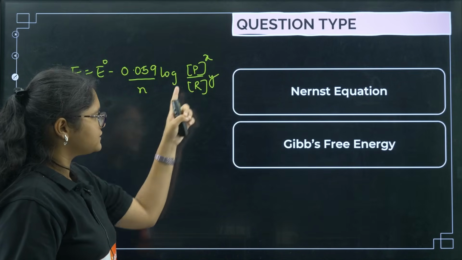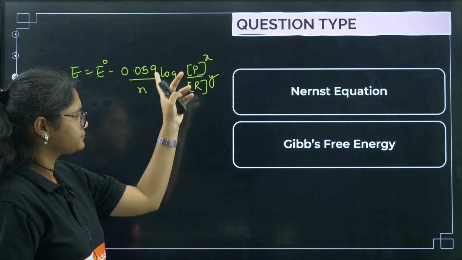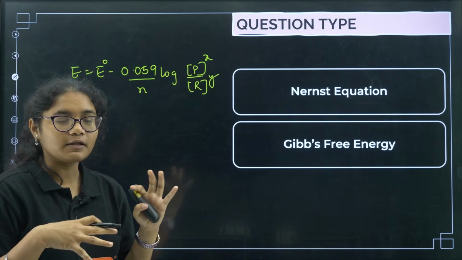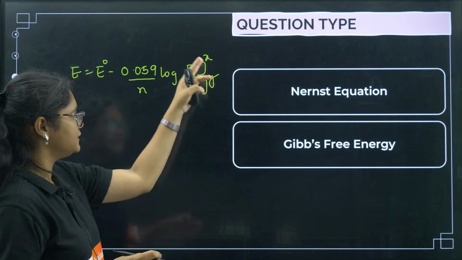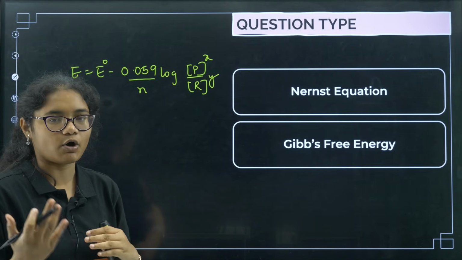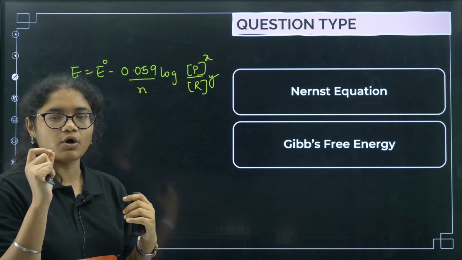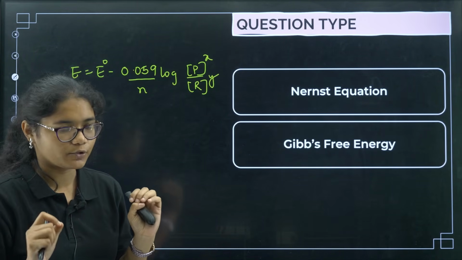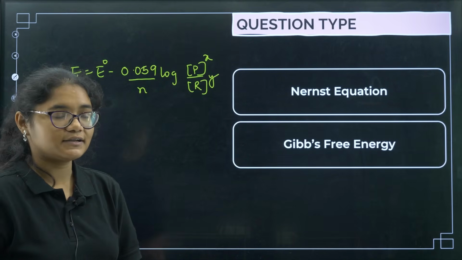Now here, generally the log values are in powers of 10, so it is very easy to solve the Nernst equation log values. We do not generally get the log of just any number; we generally get log of 10 to the power of something.